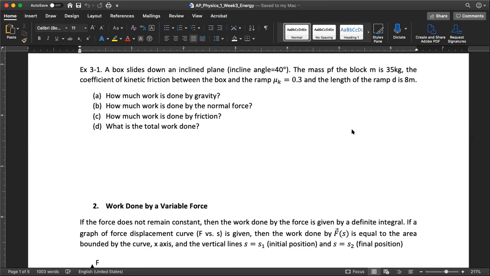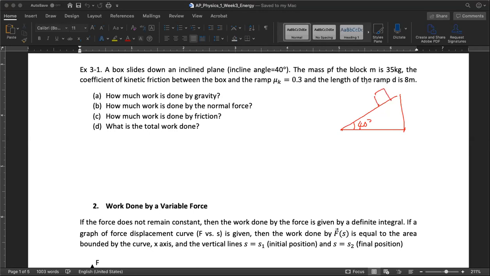All right, so we have an incline. The incline angle is 40 degrees, and we have an object. There's a typo, a mass.